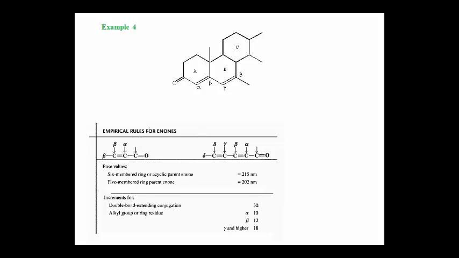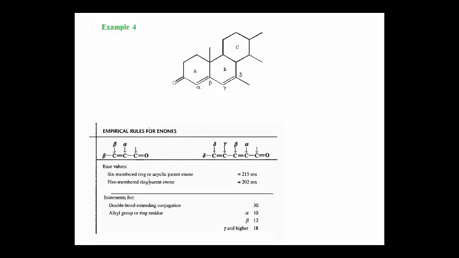All right, let's work a fourth example. In this molecule, as we examine the double bonds, we notice that we have a CC double bond conjugated with a CO double bond. That's referred to as an enone. And enones have designated base values.